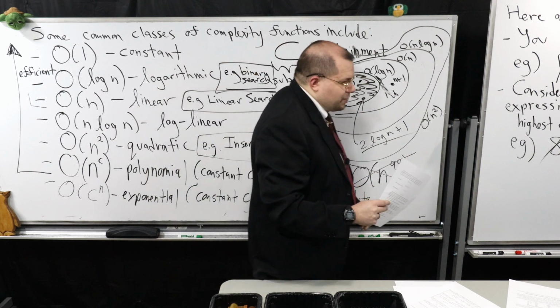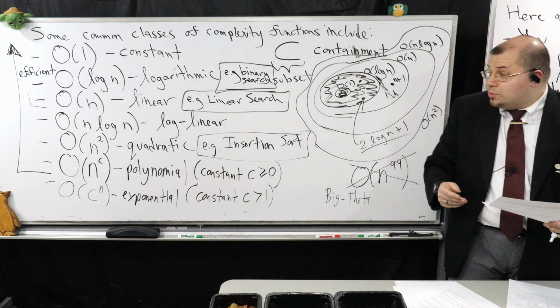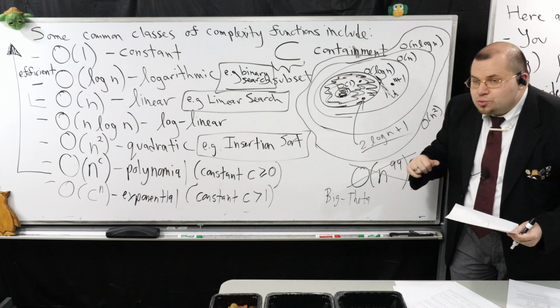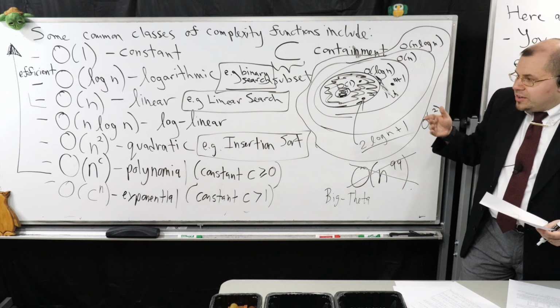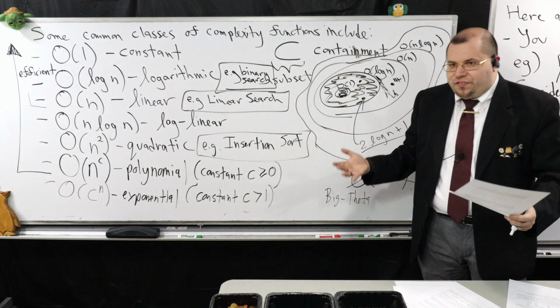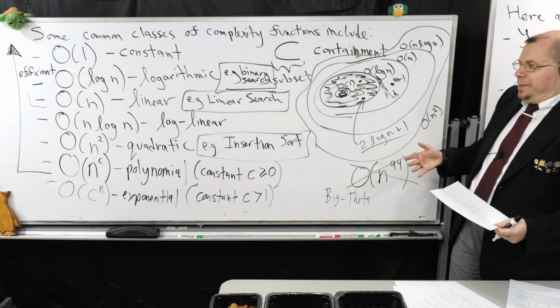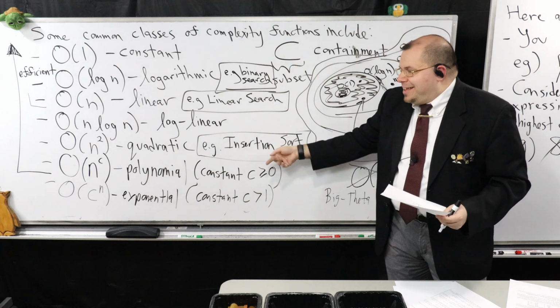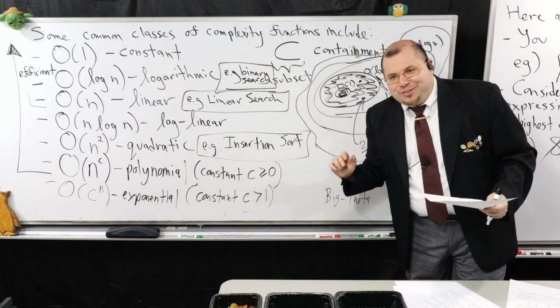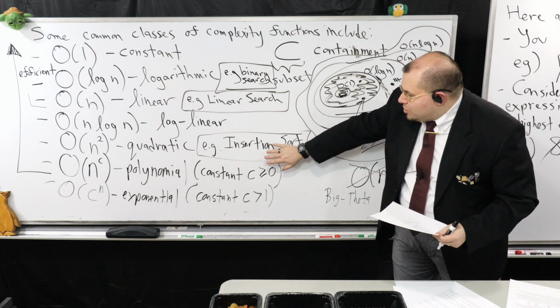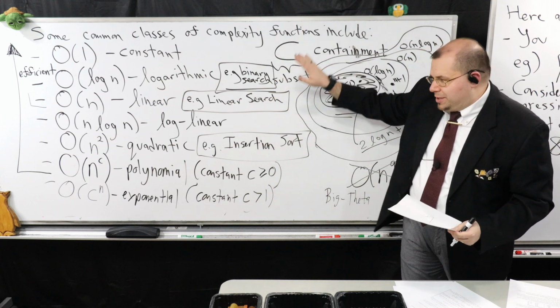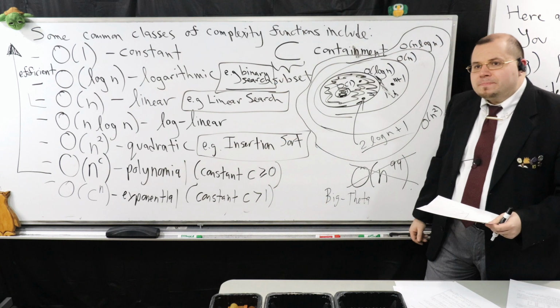So if I make c equal to 2, you end up with big O of 2 to the power of n. These are complexity functions that grow so fast that if you gave me any one of these, it's like no competition between the two. The polynomial ones are going to grow much slower than the exponential functions.